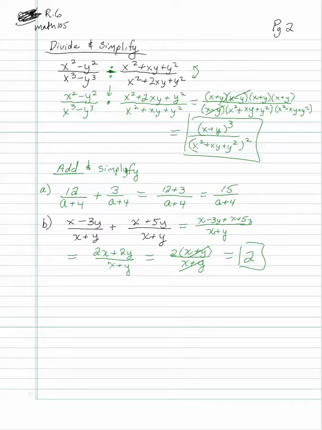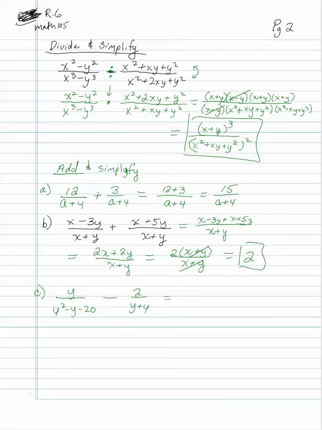Okay. Now, how do you add if they're not common denominators? So we had something like, say, y over y squared minus y minus 20 minus 2 over y plus 4.